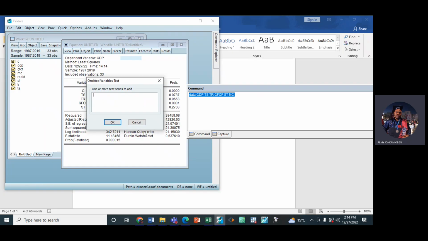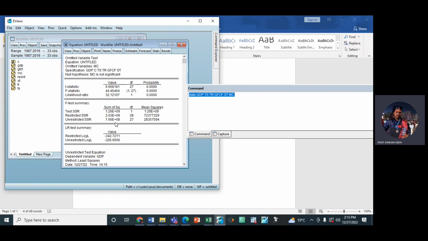Click it. And then now, I should write something here. What should I write? I should write the variable that I have removed, because I'm trying to see if that variable is important or not. So the variable that I've removed is MC, right? If I write MC, I click OK.